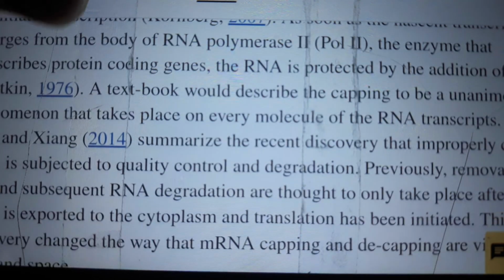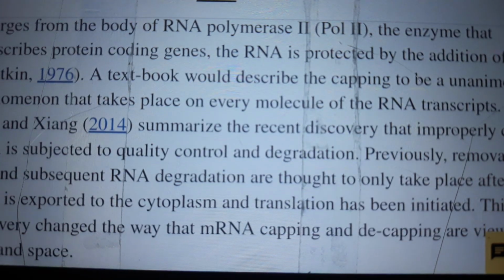As soon as the nascent transcript emerges from the body of RNA polymerase II, Pol II, the enzyme that transcribes protein coding genes, the RNA is protected by the addition of a 5' cap.